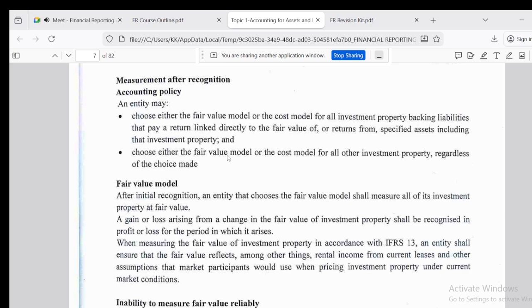Then choose either the fair value model or the cost model for all other investment property. So you have to apply either the fair value, the actual value, or the cost model. Cost model, I've explained it and you have understood, for all other investment properties.